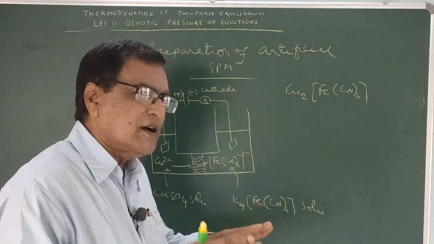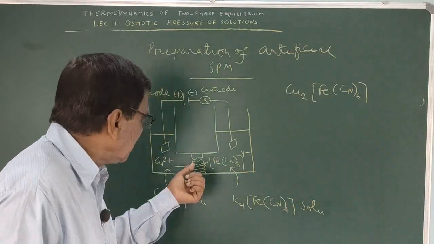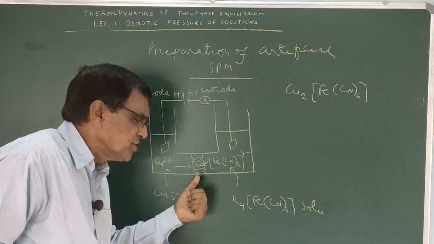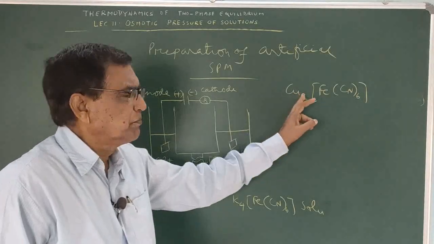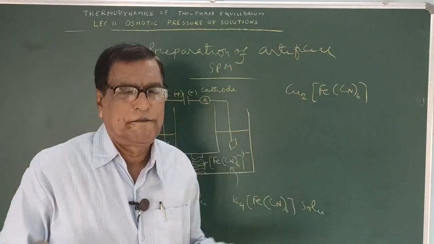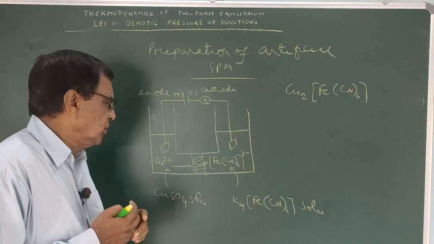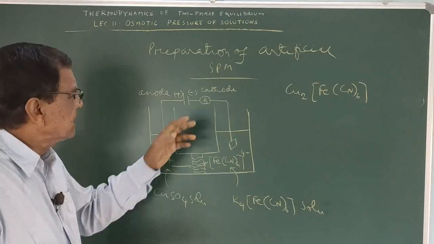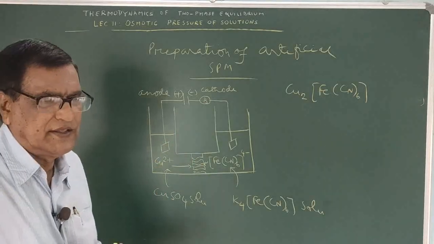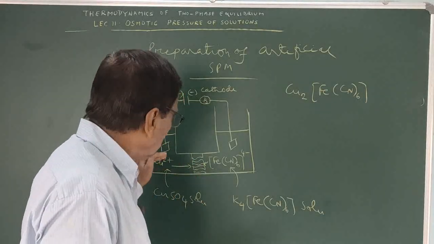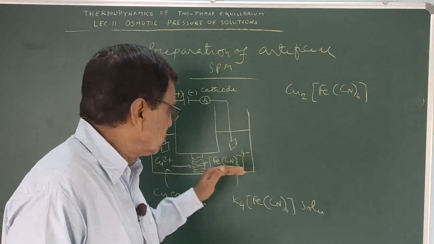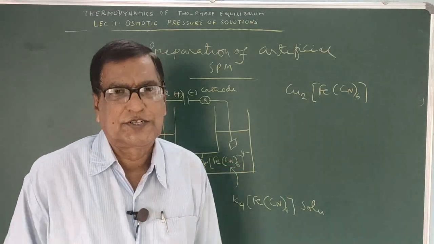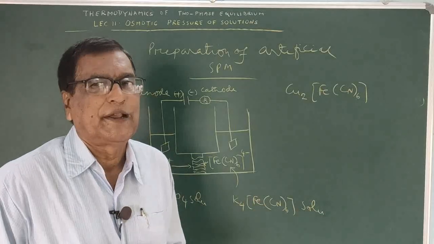Whenever these two ions meet together within these pore channels, they will form this precipitate and will block these pore channels increasingly. The bell will ring so long as the ions can move through these pore channels, means current is flowing.